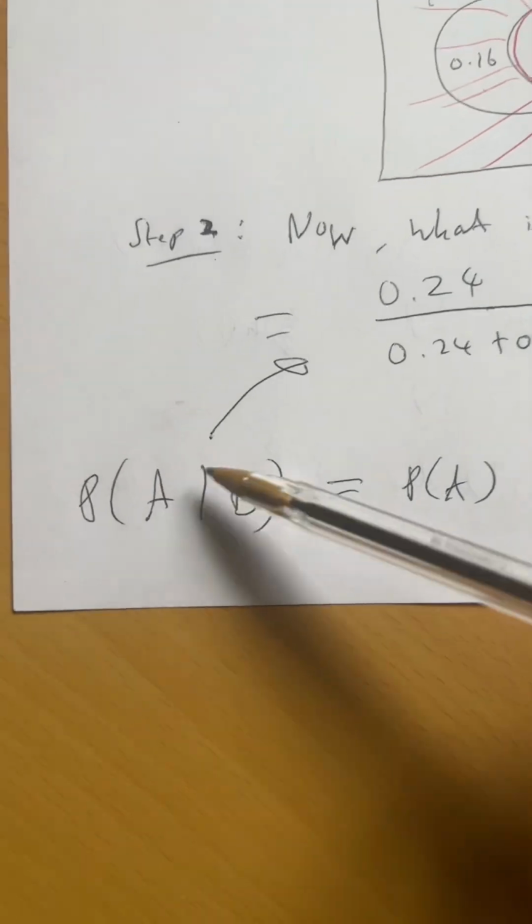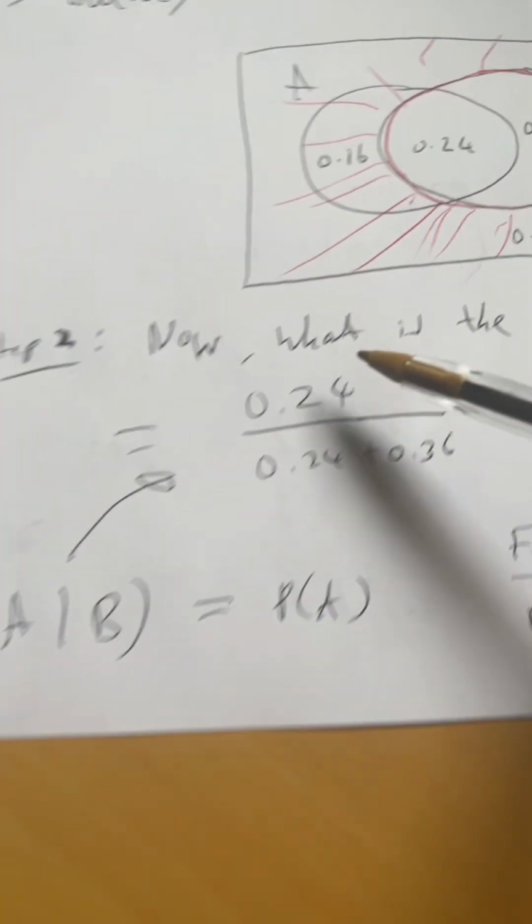I also want you to notice how this probability is equal to this over this.